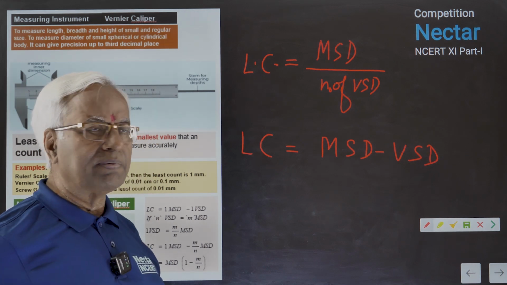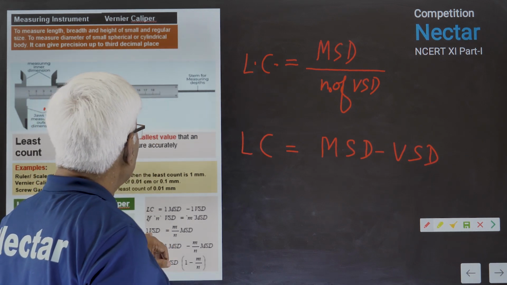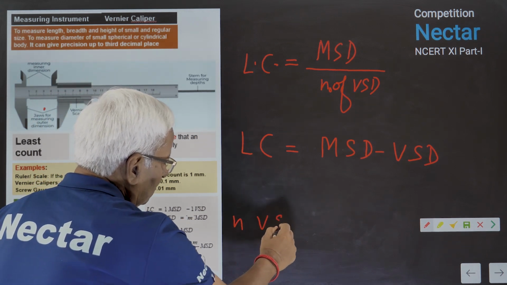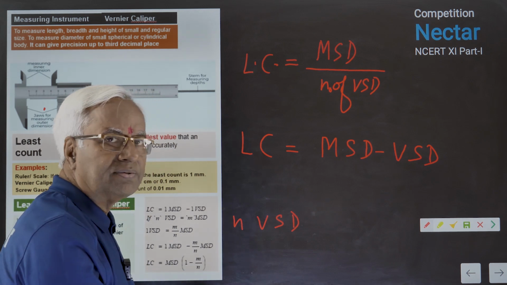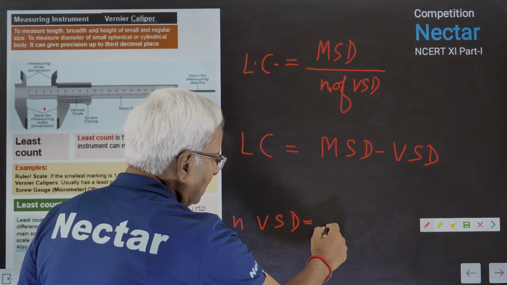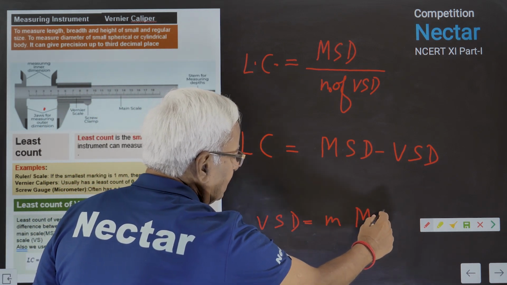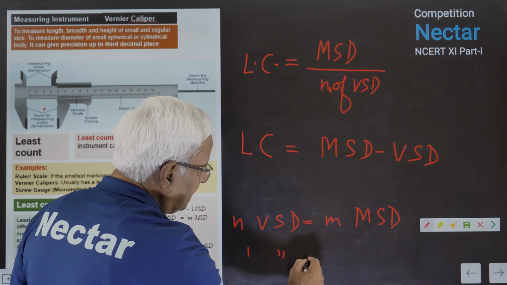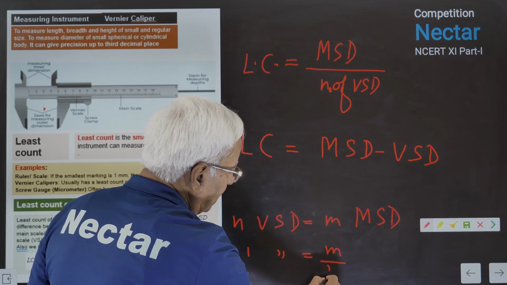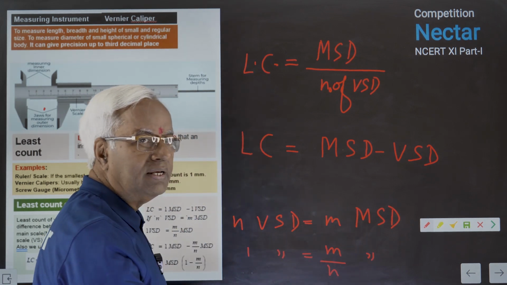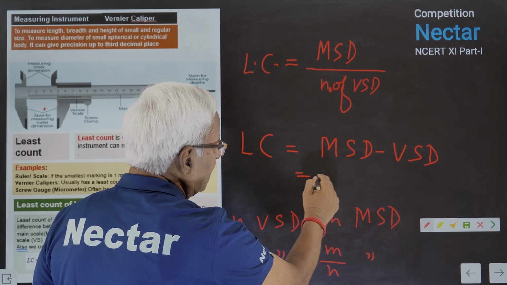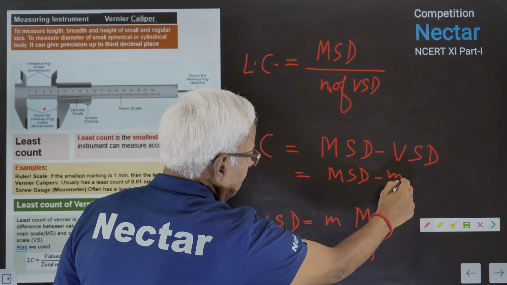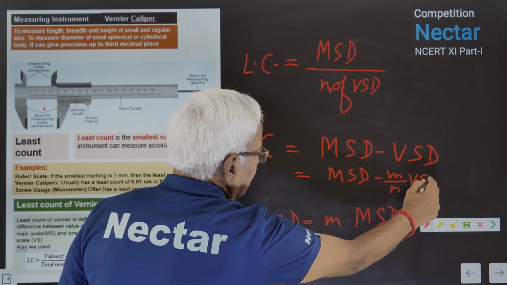Suppose you have been given the relation that N VSD, that means N Vernier scale divisions, are equal to M main scale divisions, then you could say 1 VSD equals M upon N MSD. That means you can write here, in place of VSD, M upon N MSD.